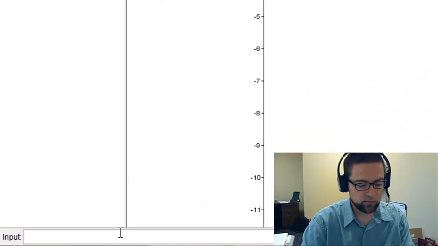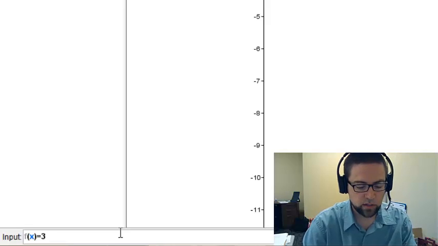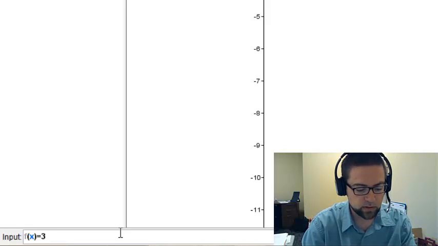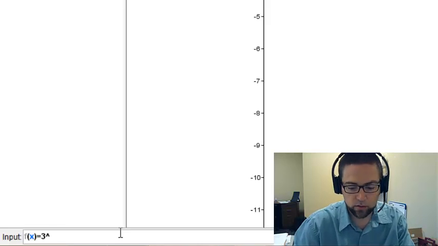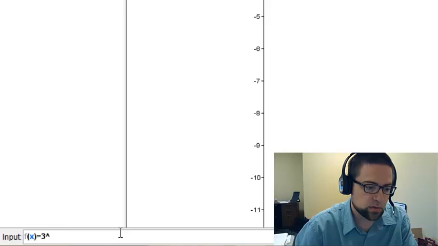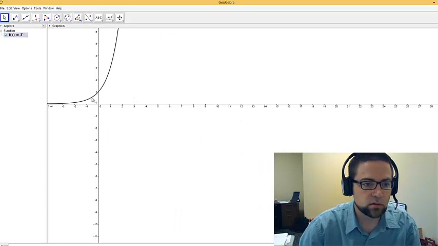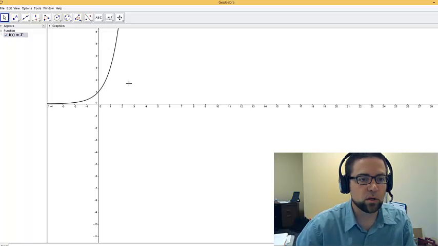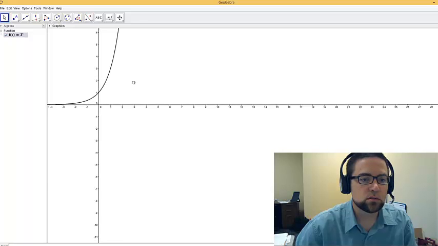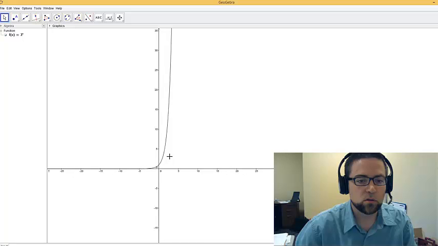Okay, so I'm going to put in my function here, f of x equals 3. Now to do exponents, you do the up arrow, which is shift 6 on your keyboard, and it's 3 to the x power. Alright, so I have this graph showing up, and I want to get to 7 billion. So let's drag it, but let's see.